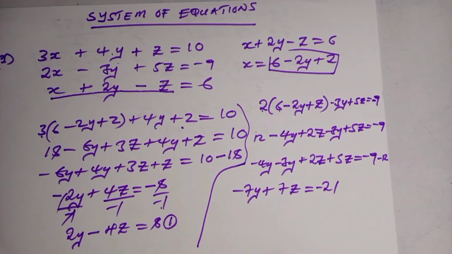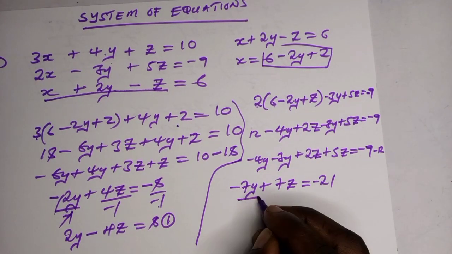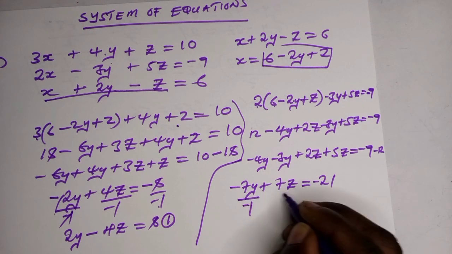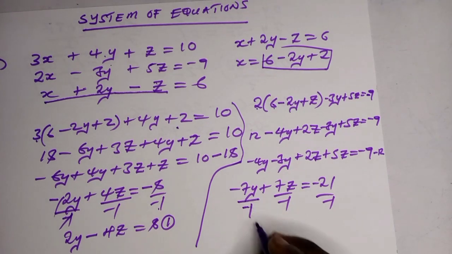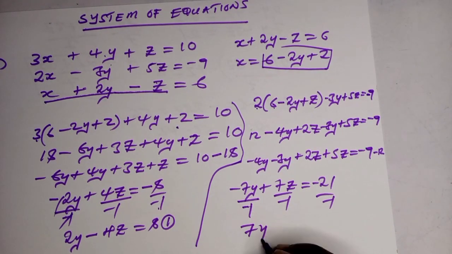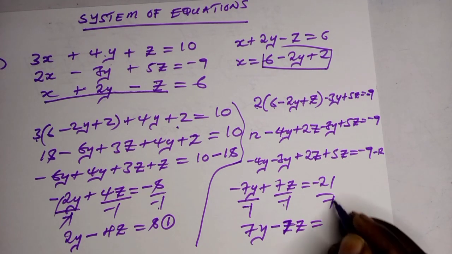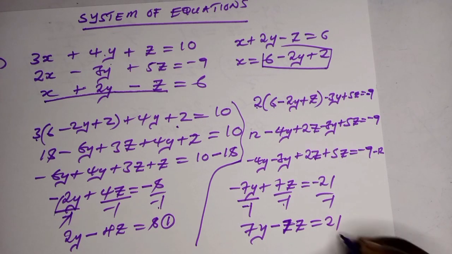Like I said, you can't leave this number negative, so we are going to divide by negative 1. We are going to have 7y, negative times positive, which is minus 7z, equals negative 1 times negative 21, which is 21.